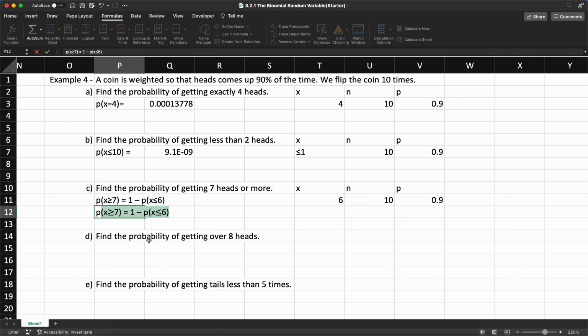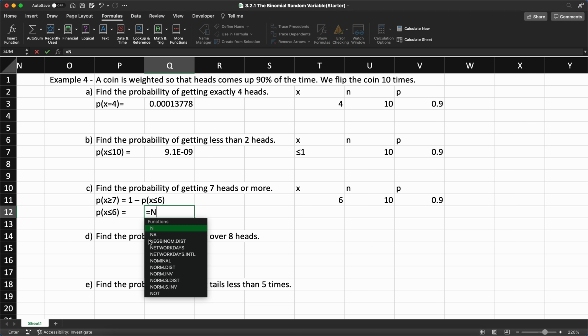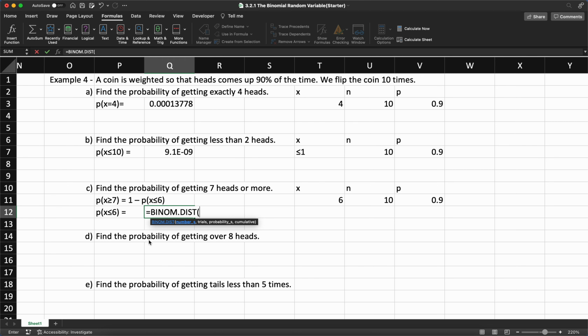So I'm going to calculate the probability of getting less than or equal to 6, using my binom, because this is the way the binomial distribution works. I can't make it calculate something that's greater than or equal to a value. It always calculates less than or equal to a value. I just have to work within those confines.